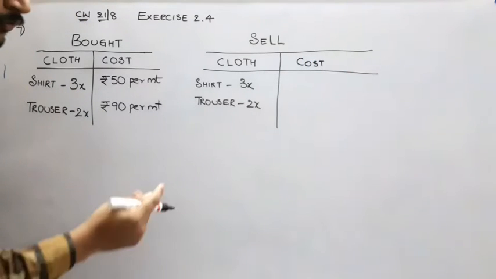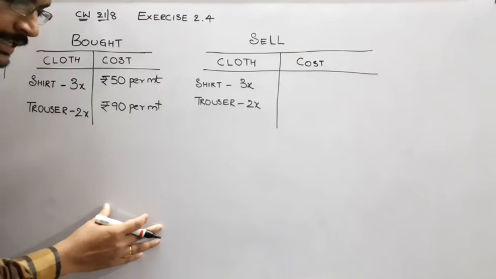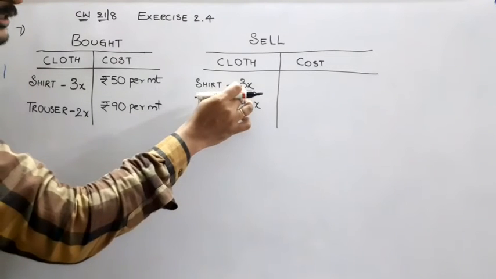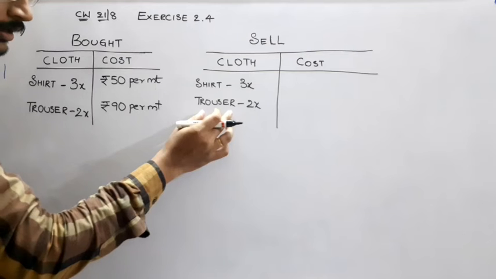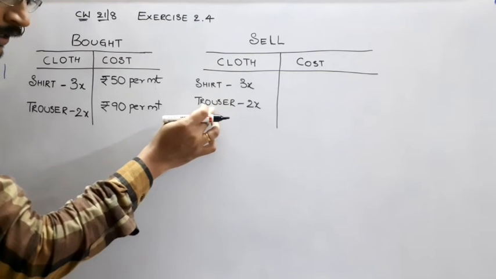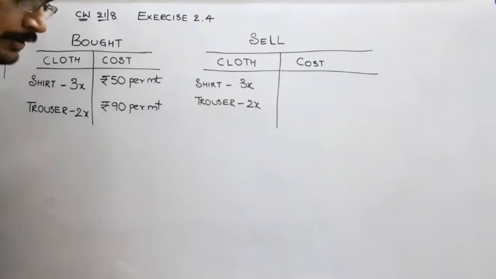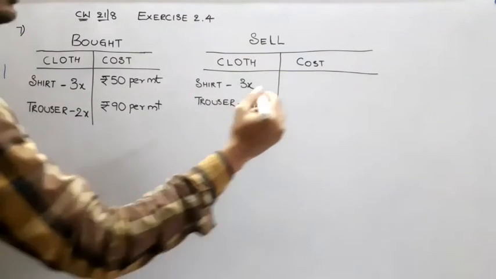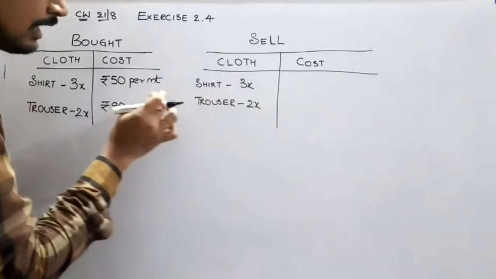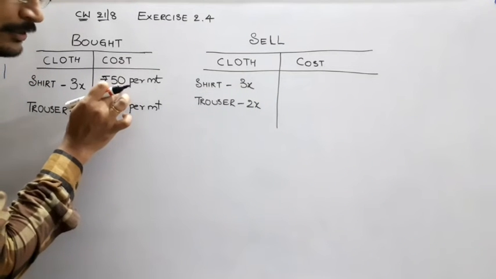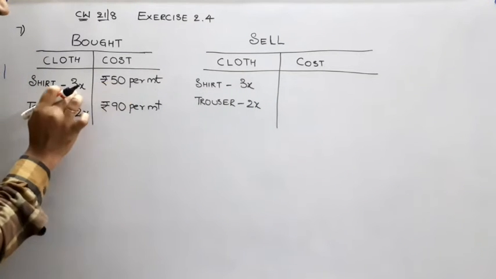Let us check how it is going to be. So for shirt, he sells the materials at 12% and 10% profit respectively. That means 3x is pointing to shirt and 2x is pointing to trousers. So similarly 12% should be pointed to shirt. Here please be careful, that percentage is pointing to amount only, not the cloth.